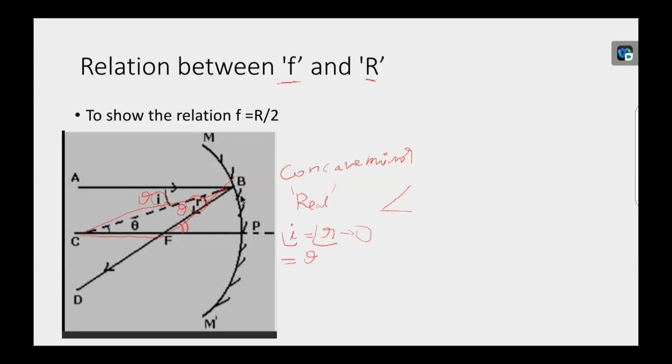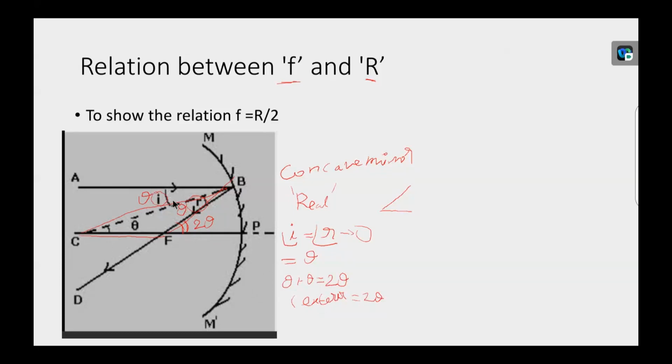We have learned the exterior angle theorem, that the exterior angle is equal to the sum of the interior opposite angles. The sum of the interior opposite angles is theta plus theta. Adding it, by using the exterior angle theorem, we are going to get the angle subtended at F.